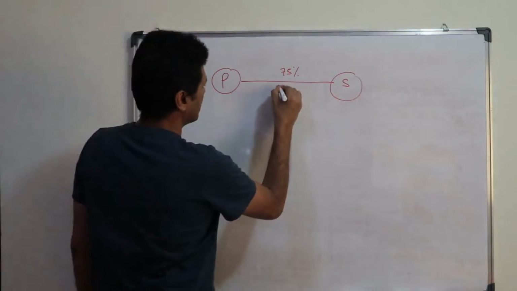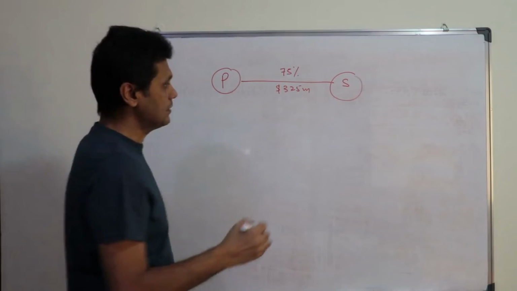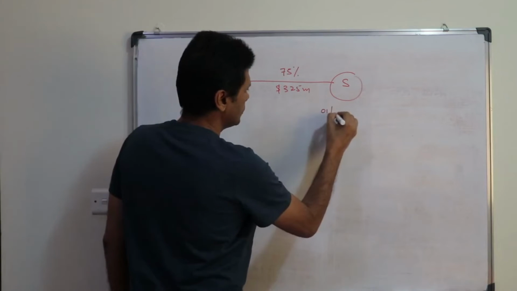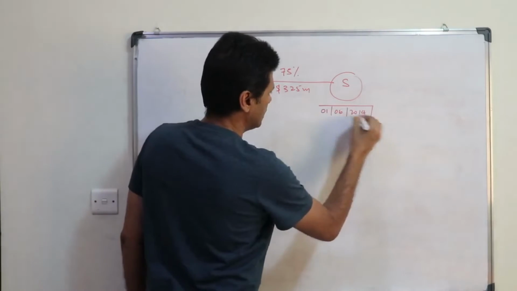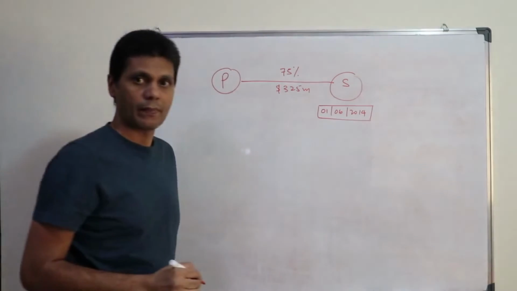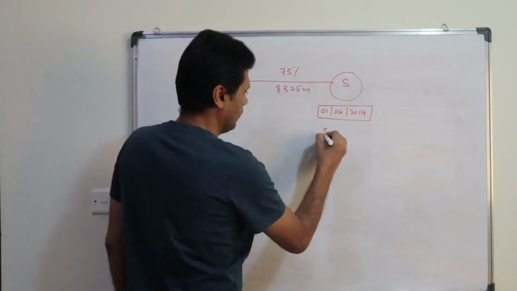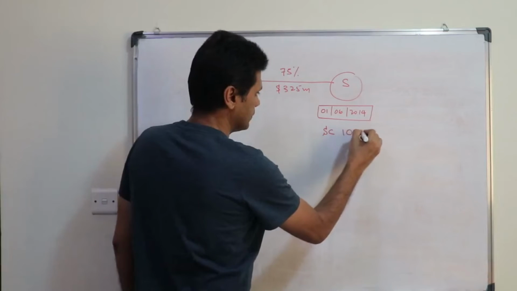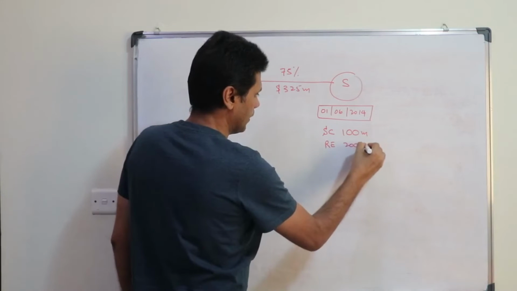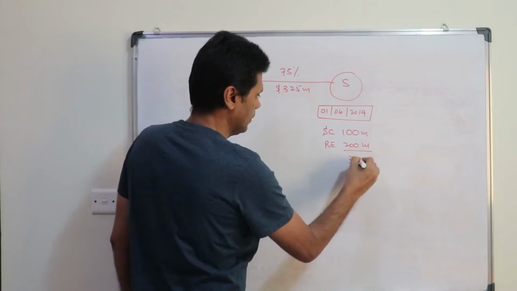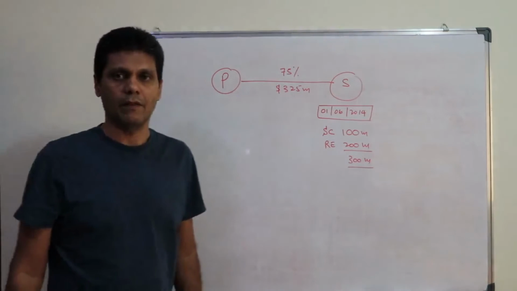The investment was 325 million, and this company was acquired on 1st June 2014. So this is the acquisition date. At the time of acquisition they had a share capital of 100 million and retained earnings of 200 million. So therefore the total net assets at the time of acquisition was 300 million.